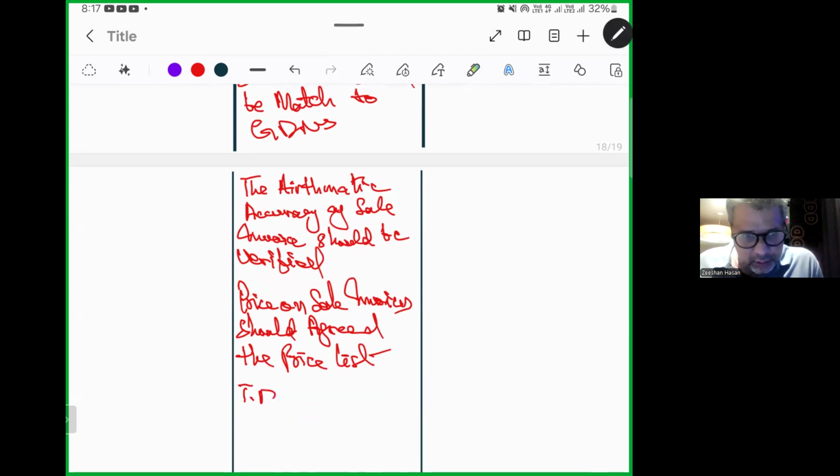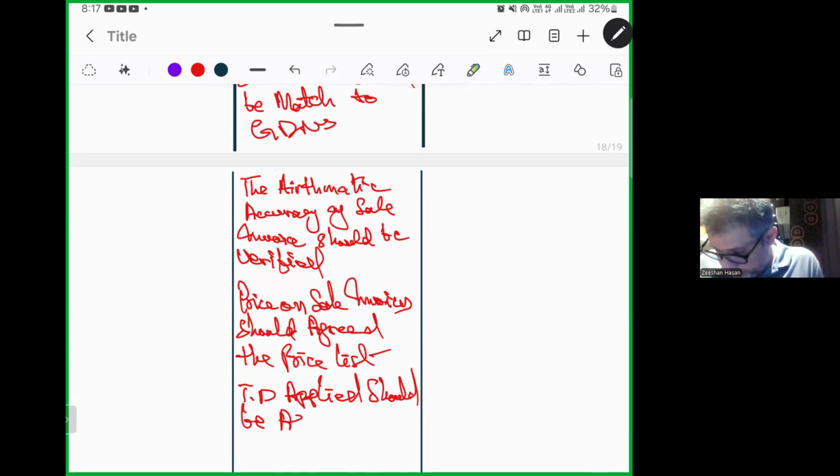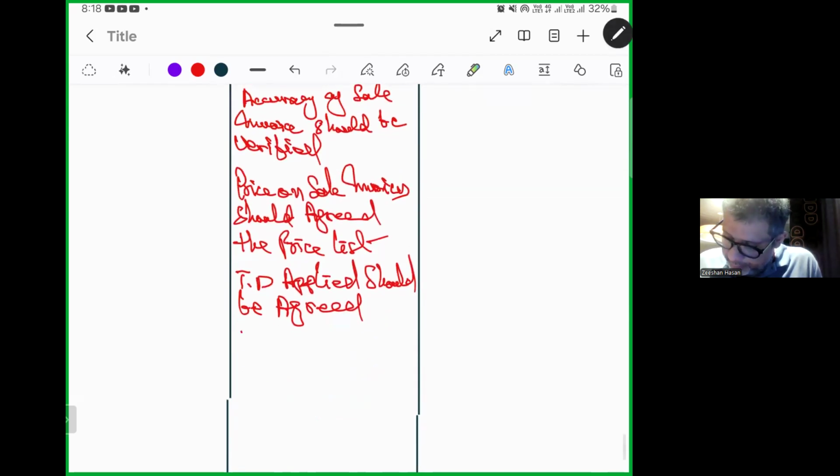Trade discount applied should be agreed against authorized price list.